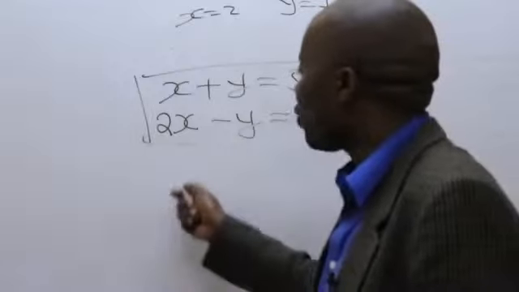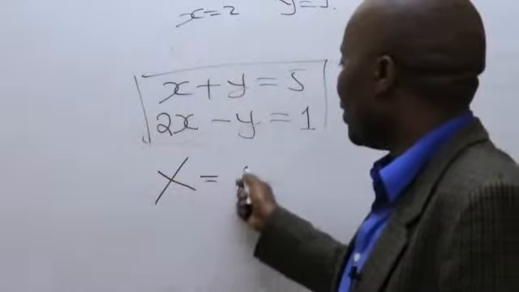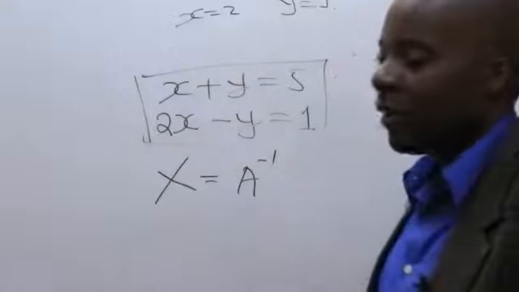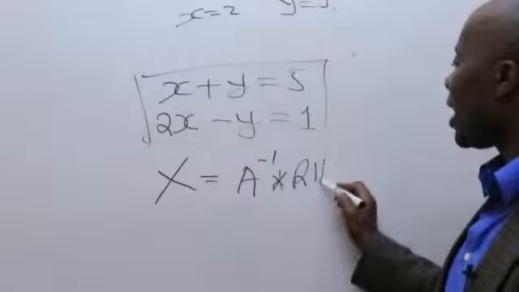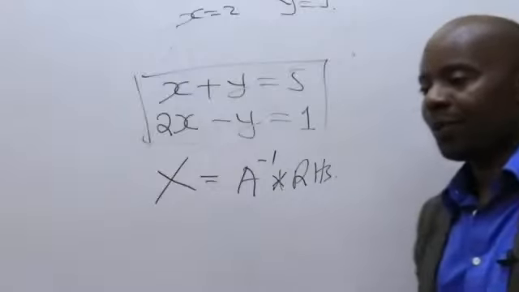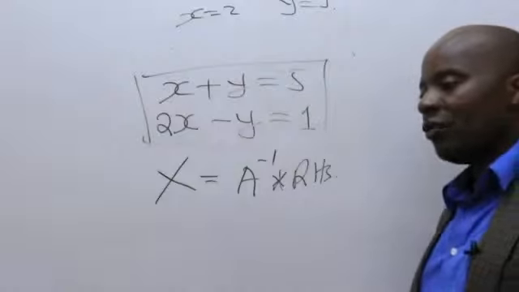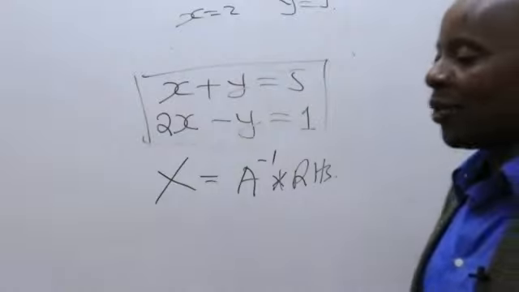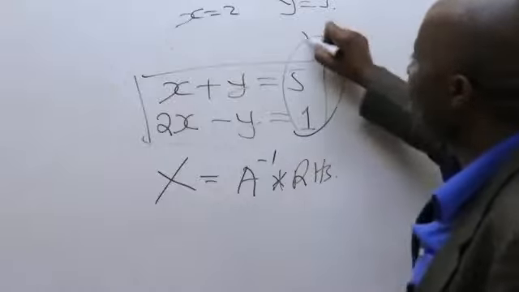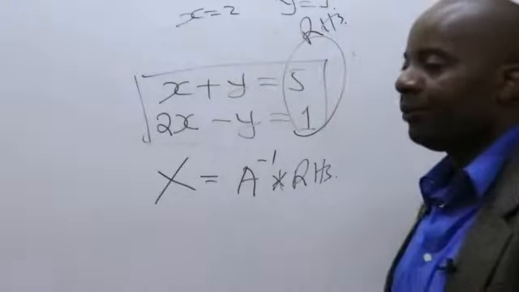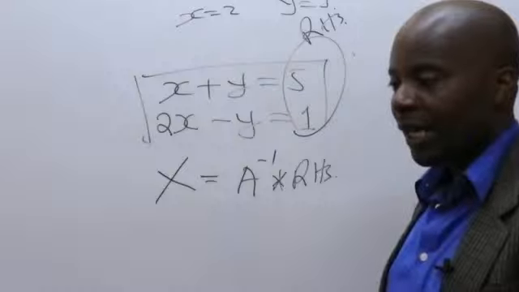Remember, for us to be able to get the unknowns, we normally take the inverse of A multiplied by the right-hand side values. Those are the right-hand side values.